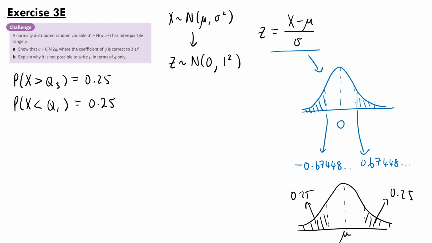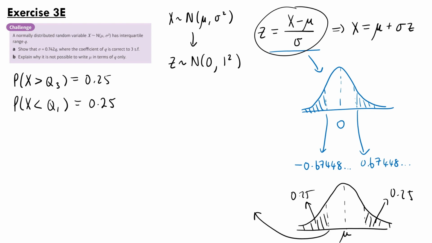Then we need to use this formula to find these x values. If we rearrange, then we get that x is equal to mu plus sigma z. So these two x values here are then going to be mu plus or minus 0.67448 sigma.